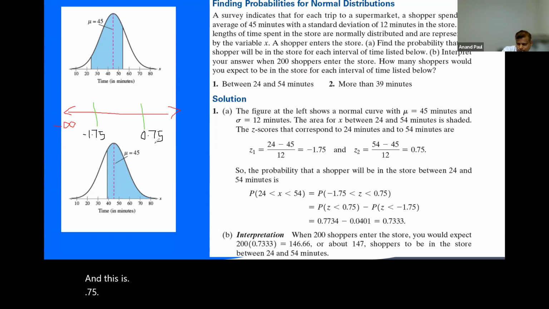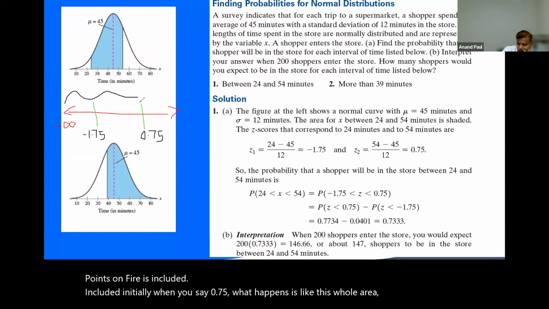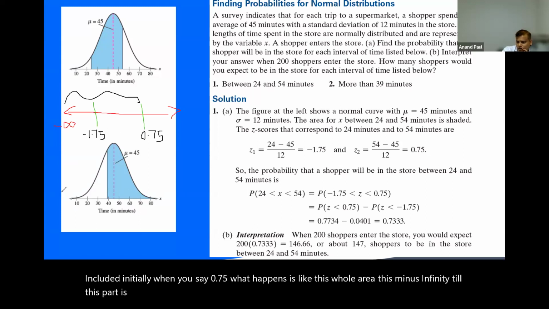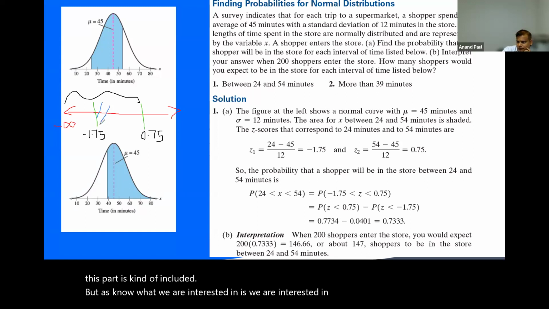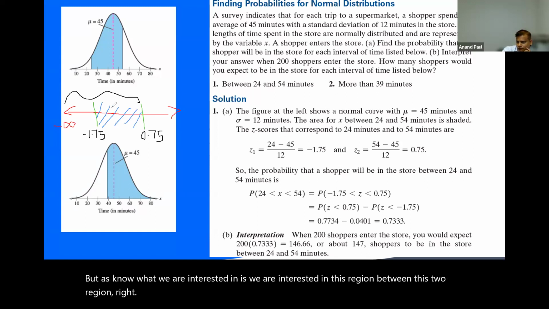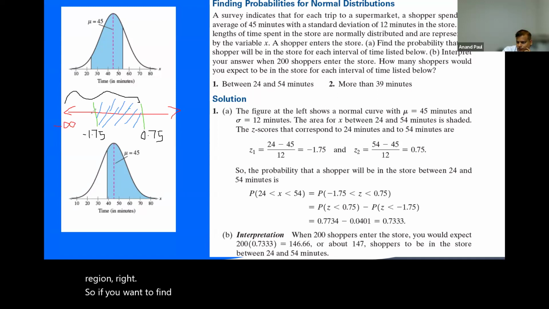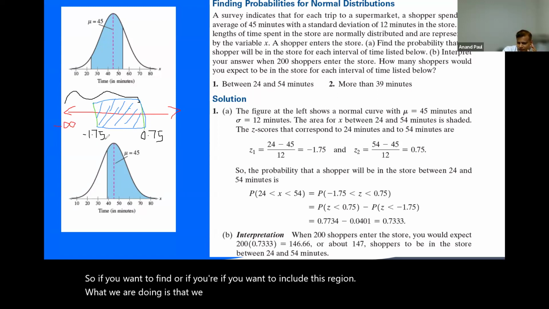So the total area up to 0.75 is included. Initially, when you say 0.75, this whole area from minus infinity till this part is included. But as you know, what we are interested in is this region between these two points, right? So if you want to include this region, what we are doing is we are isolating this part.